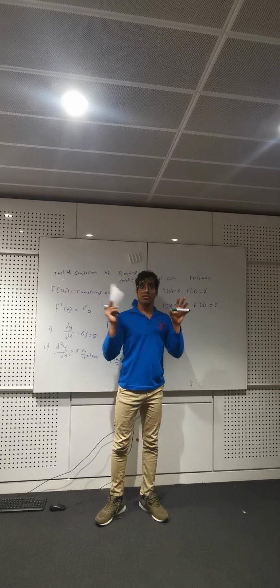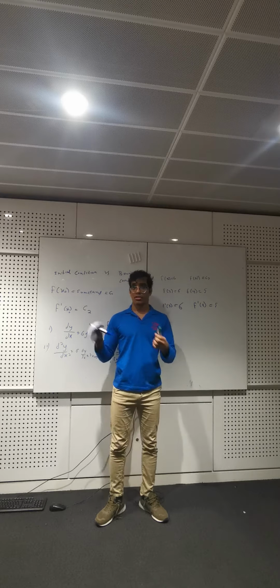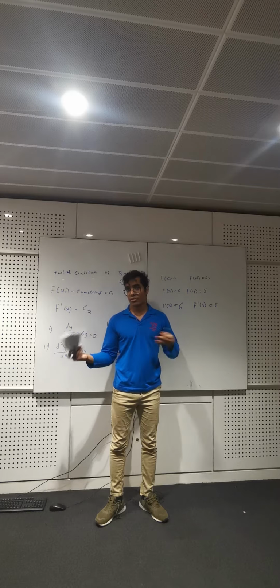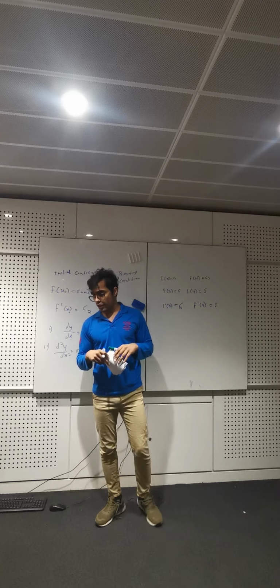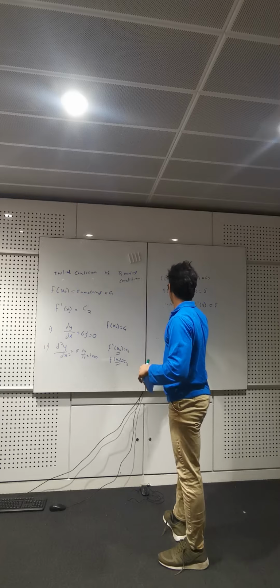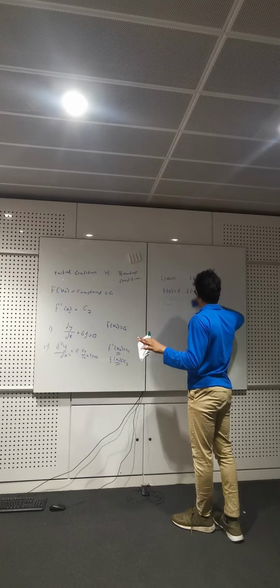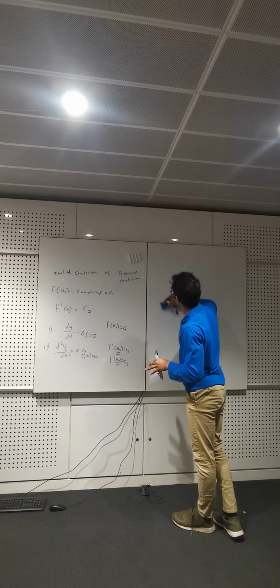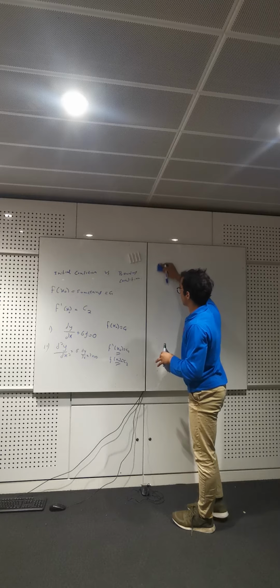First order, one initial condition. Second order, two. Third order, three. Fourth order, four. Nth order, n initial conditions. Why is this important? Because this is one of the terminologies that we have to understand to differentiate between an initial condition and a boundary condition.